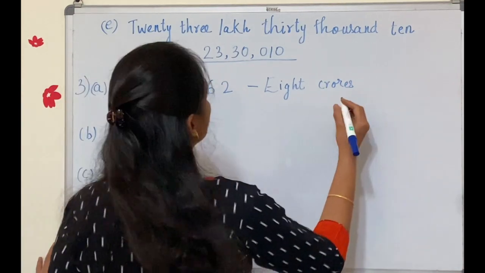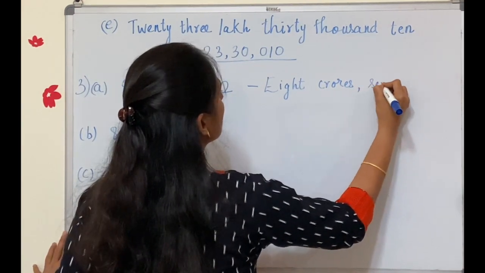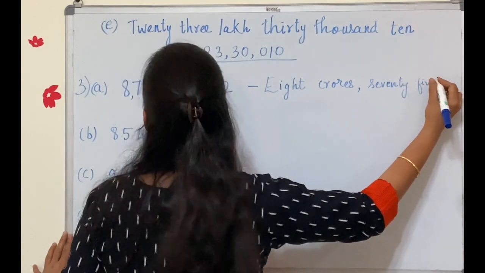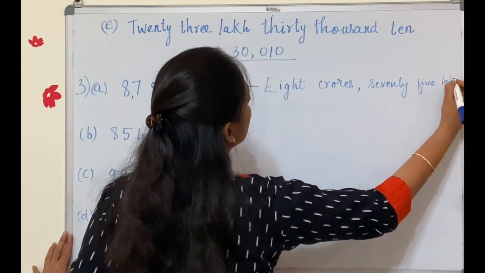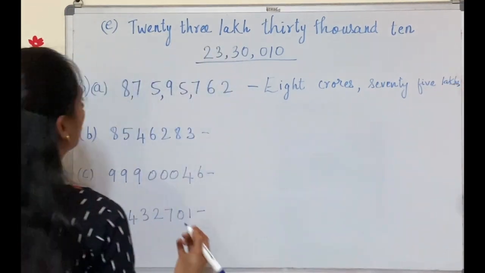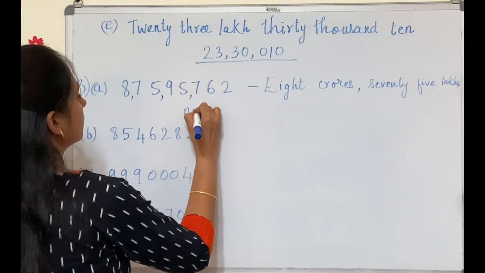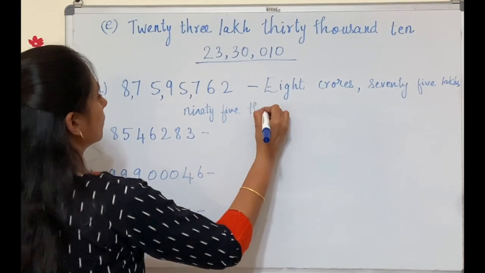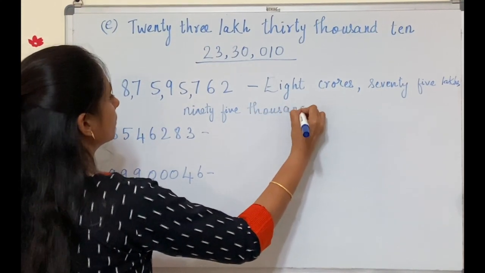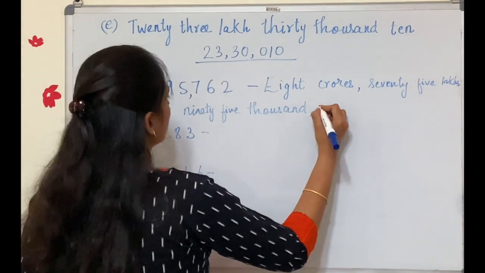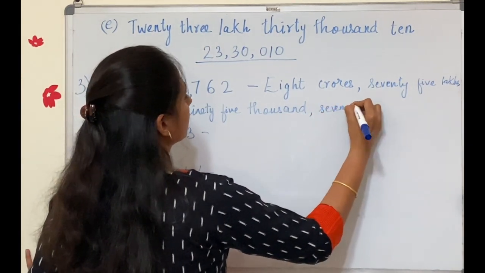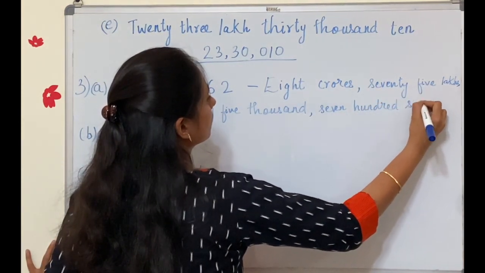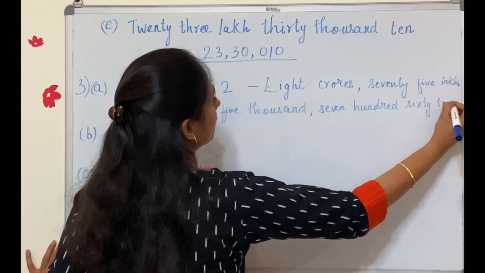Eight crores, 75 lakhs, 95,762. Have I written properly, Tarun?